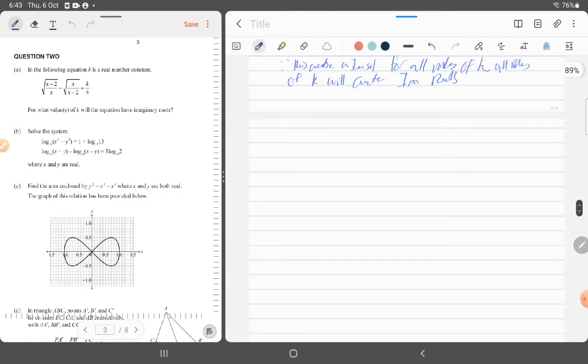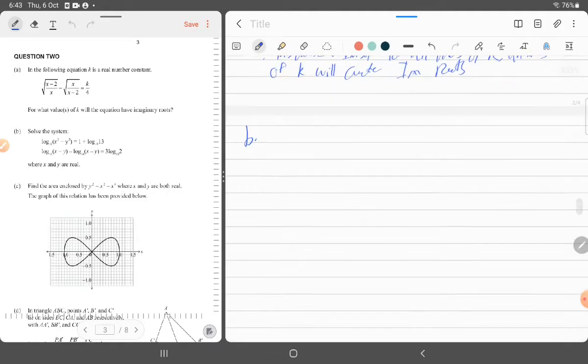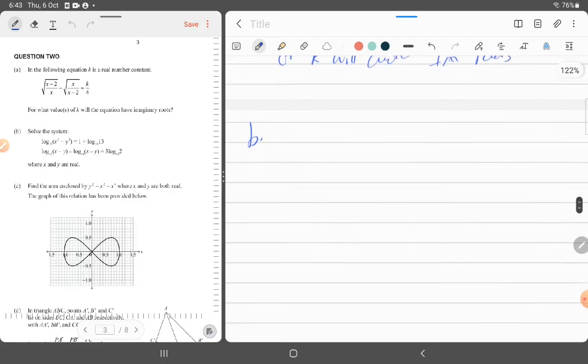Okay, so question 2b. So log x squared plus y squared, it's base 10, so I'm just going to ignore that.